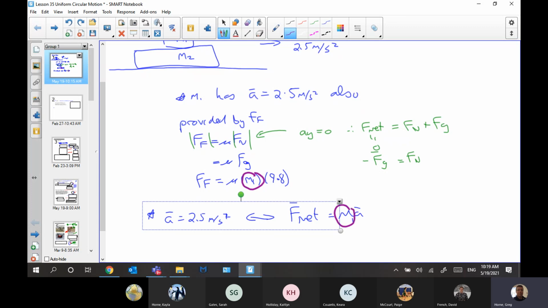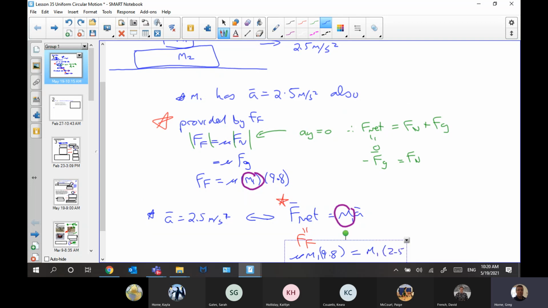So it looks like we are canceling that out, because F net is provided by FF. So FF is mu M1 times 9.8, equals M1 times 2.5.